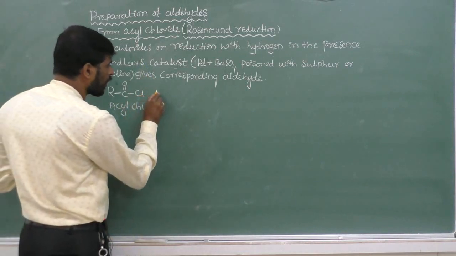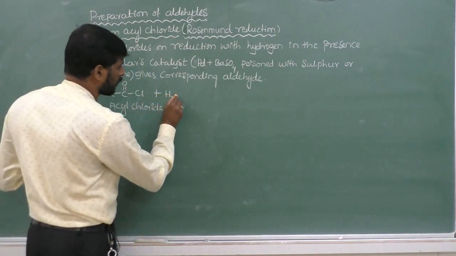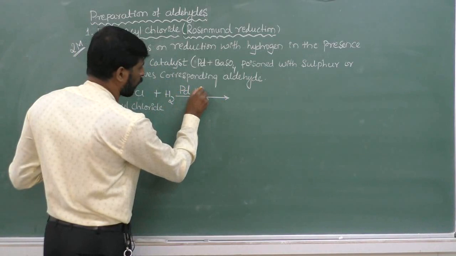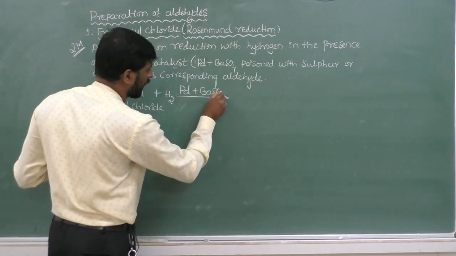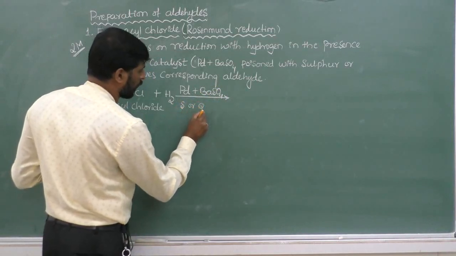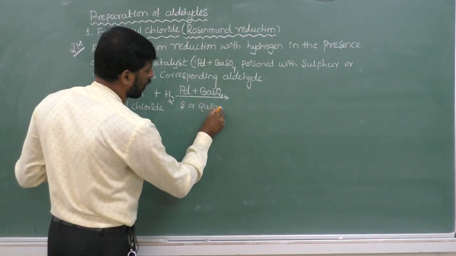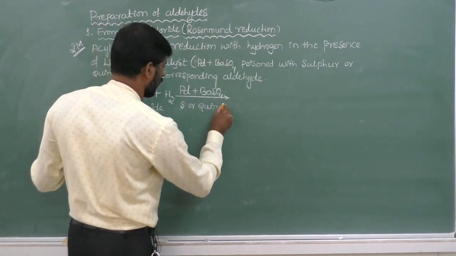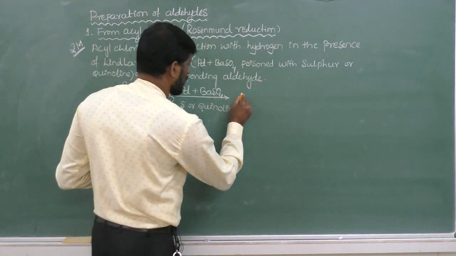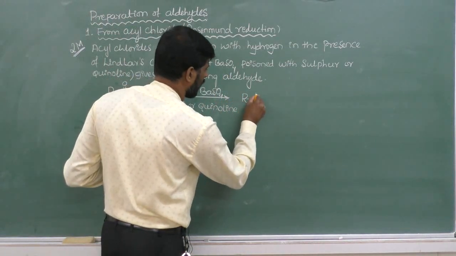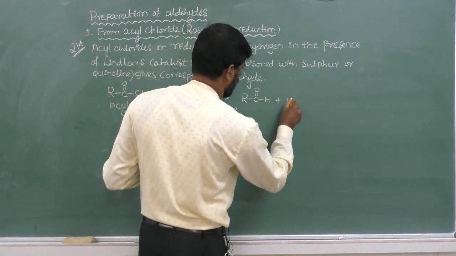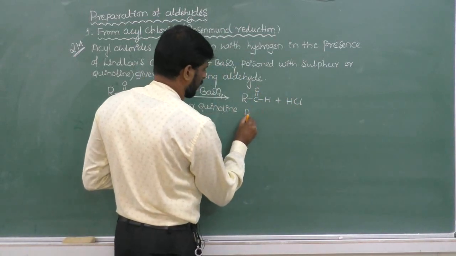Acyl chloride on reduction with hydrogen in the presence of palladium supported over barium sulfate, which is poisoned with sulfur or quinoline, gives the corresponding aldehyde, RCHO plus HCl. So this is nothing but the aldehyde.